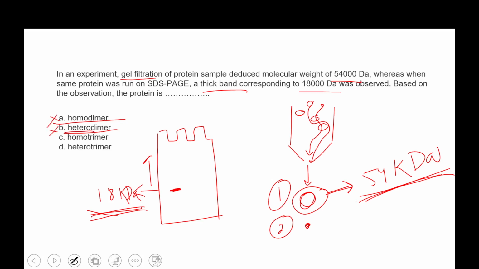This is also wrong. Now the option is homotrimer. Similar polypeptides, each of 18 kilodalton, altogether making a 54 kilodalton protein. So it will be a homotrimer.